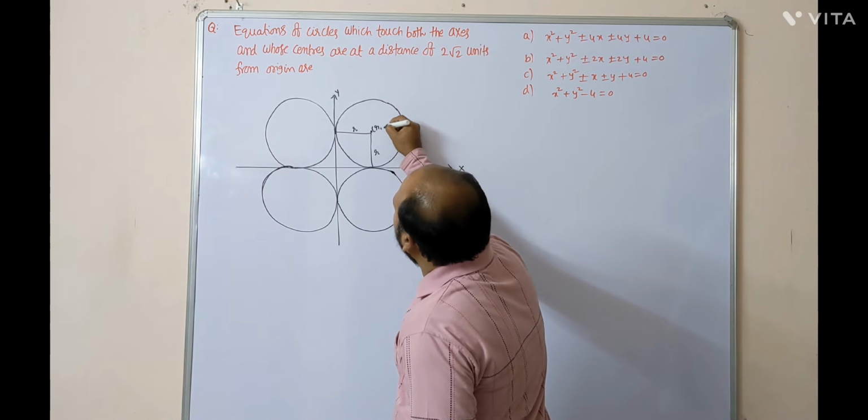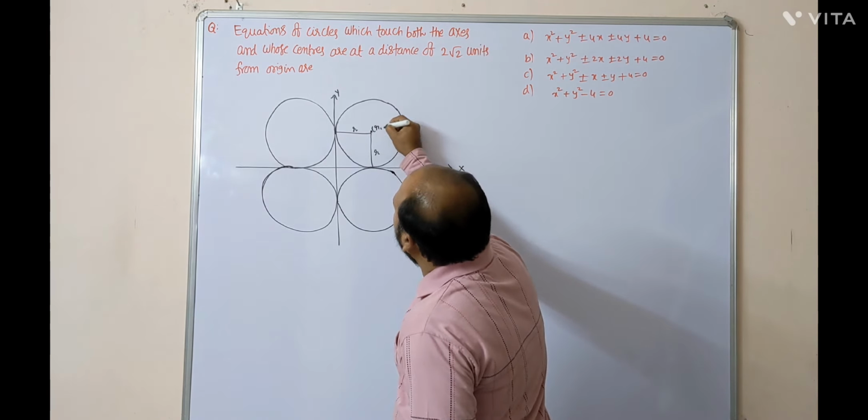If the point P is x comma y, from here to here distance is equal to y units, from here to here distance is x units. That is the reason we write the point x comma y. So here radius is r, here also radius is r. First coordinates both are positive. Second coordinate, this one is minus r, plus r, minus r minus r, plus r minus r.